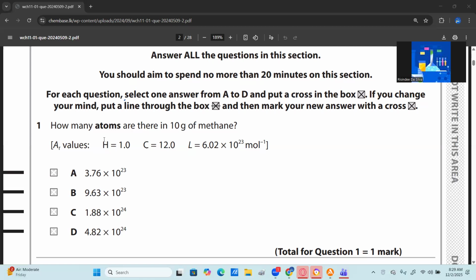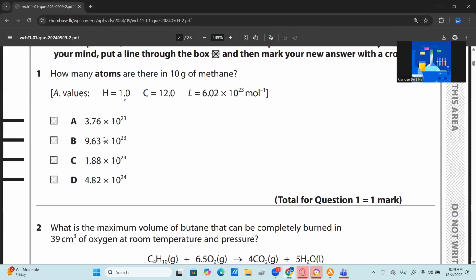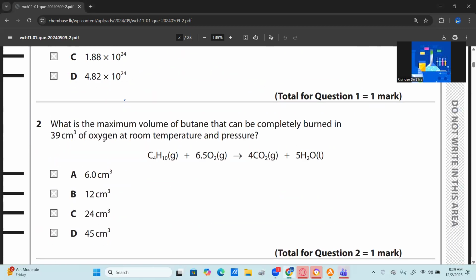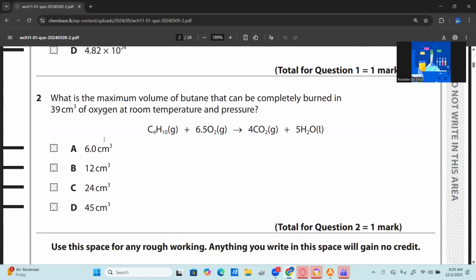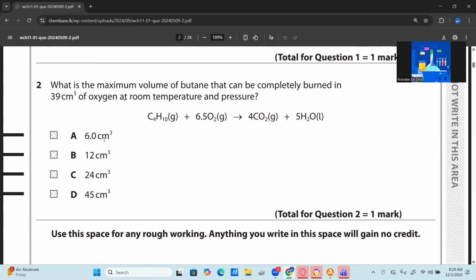Then we'll see the second one. What is the maximum volume of butane that can be completely burnt in 39 cubic centimeters of oxygen? Here, children, we need to assume the number of moles. The stoichiometric ratio between butane and oxygen is 1 to 6.5.